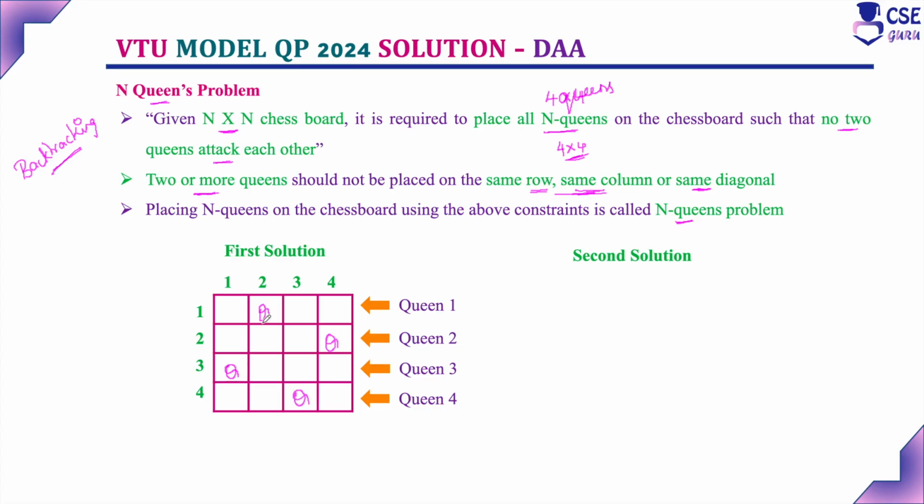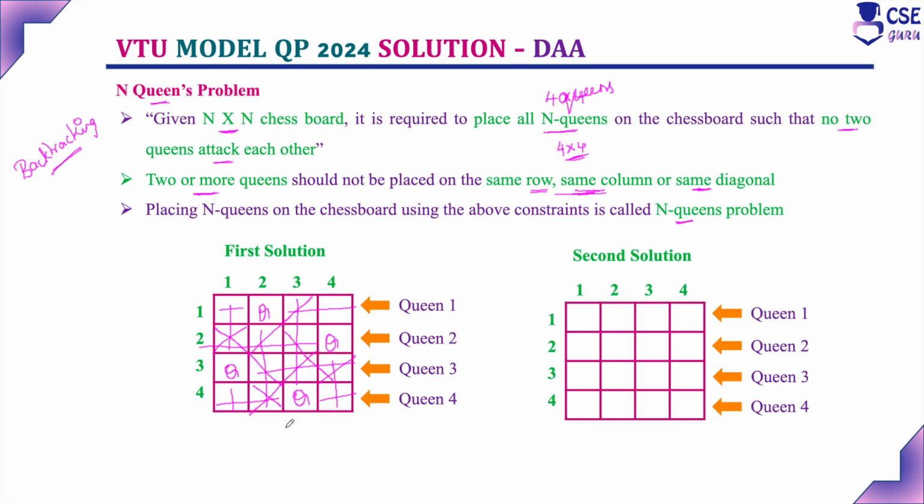If we check here, in the same row, same column and same diagonal, no 2 queens attack each other. So this is one feasible solution.